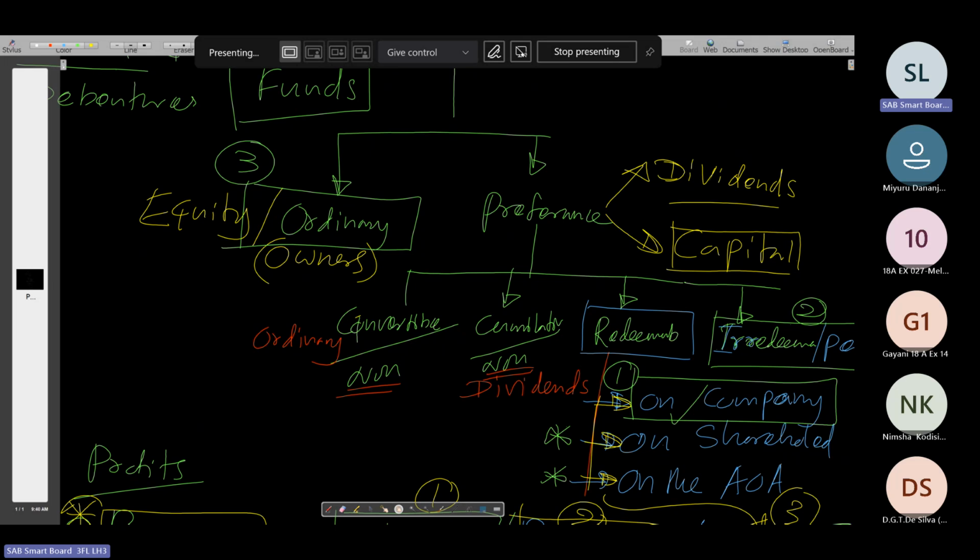There are several categories we can identify: cumulative, convertible, redeemable, irredeemable, etc.